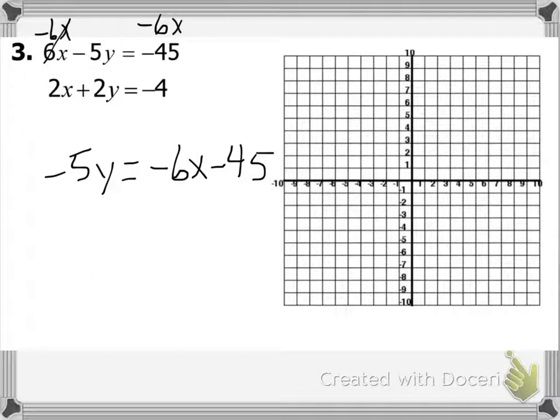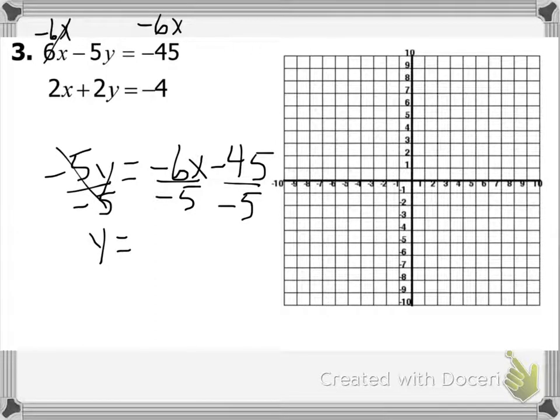What's my last step here? Divide by -5 on both sides. If I divide my right side by -5, each term has to get divided by that number. So everyone see that? Questions there?